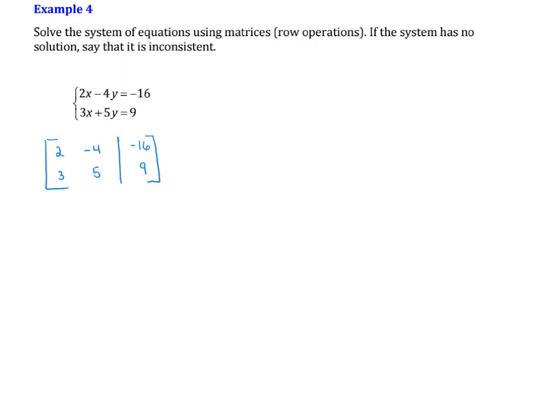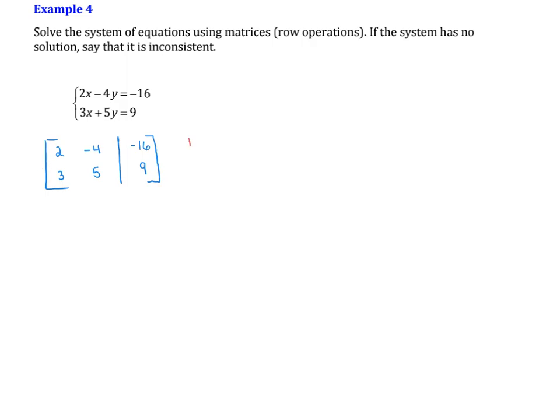Now we want to obtain a 1 in our first row and our first column. So I can take this 2, and notice that if I just interchange two rows, it's not going to help me any. So I'm just going to multiply 2 by whatever it takes to get a 1 there. So I'm going to multiply this row by 1/2.